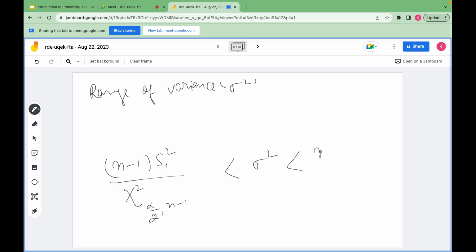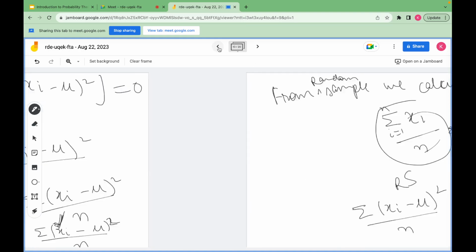Sigma square will lie between n minus 1 s1 square over chi square alpha by 2 and n minus 1 s1 square over chi square 1 minus alpha by 2, with n minus 1 degrees of freedom. We will solve a few examples and then you will understand this.